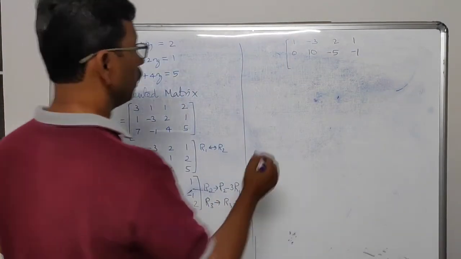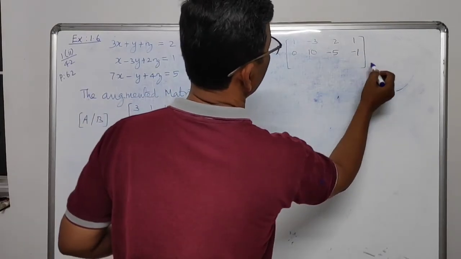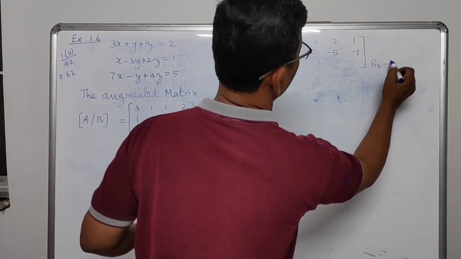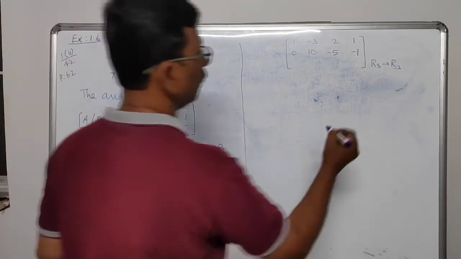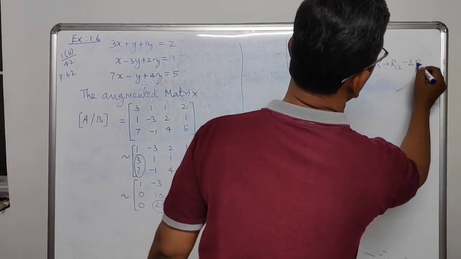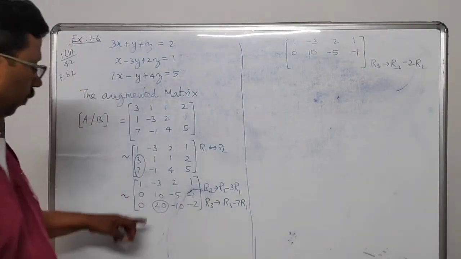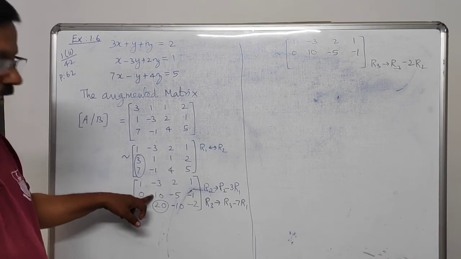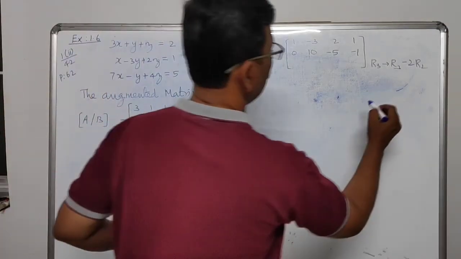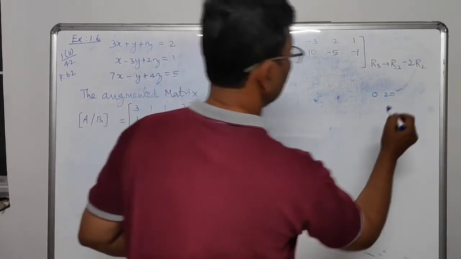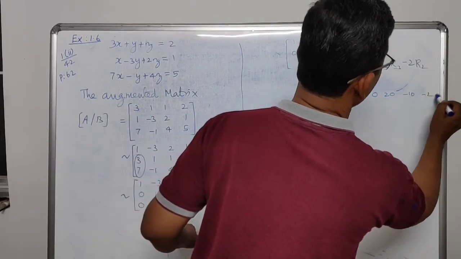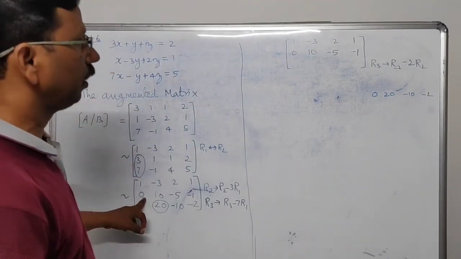Then here, I want to make this 0, means R3 gives R3, both are the same sign, means minus 2 times R2. You can write 2 times R2 because this is 20, so this must be 20. Therefore, first you can write 0, then 20, minus 10, minus 2. Then this is to be multiplied by 2.